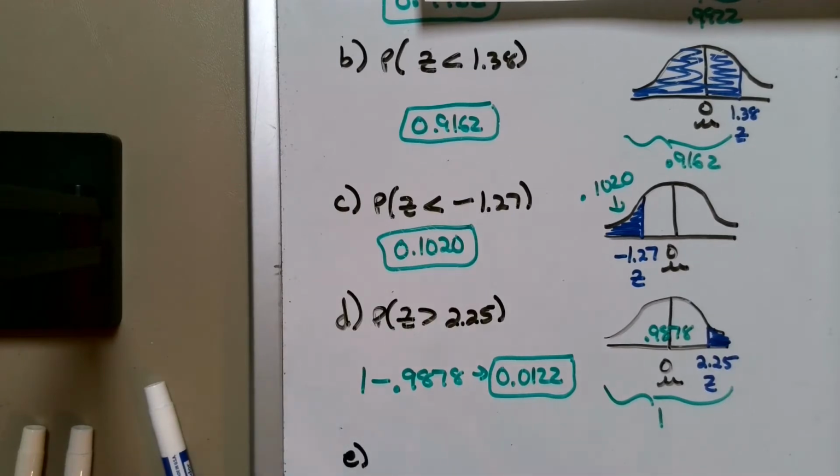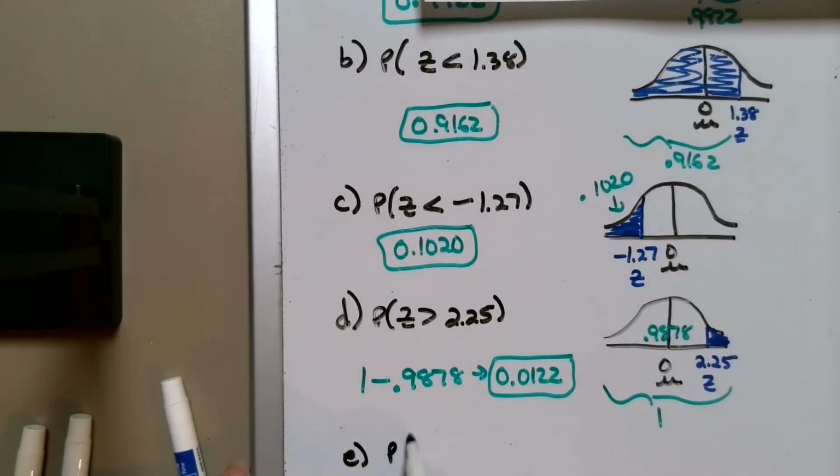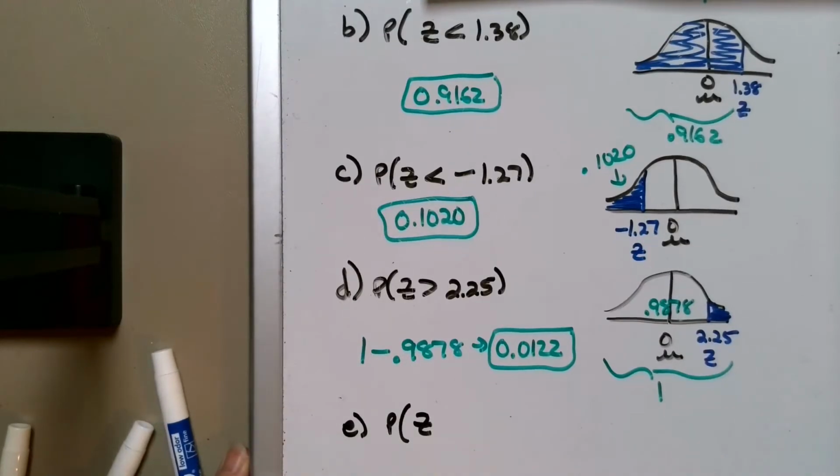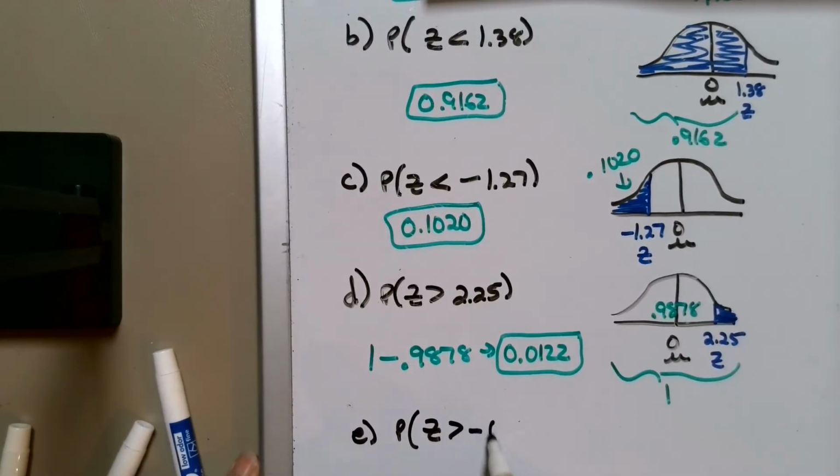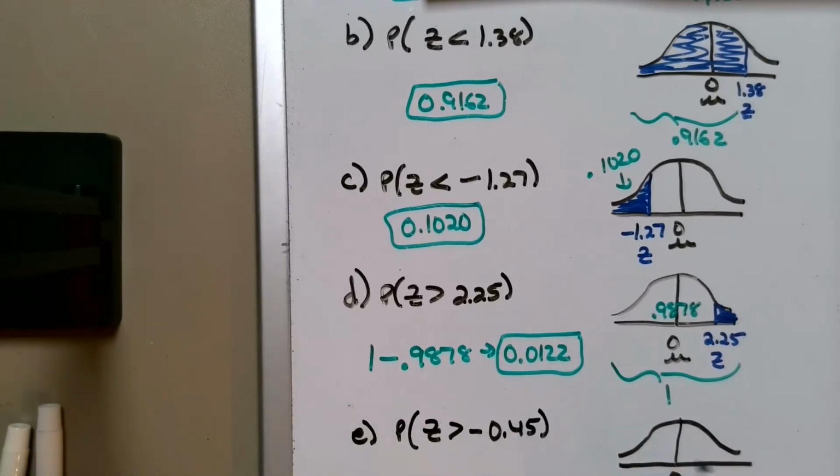For 1E, we want the probability that Z is greater than negative 0.45. So again, drawing the picture. The middle is our mean, Z is 0. Negative 0.45 is negative, so you are to the left of the mean.